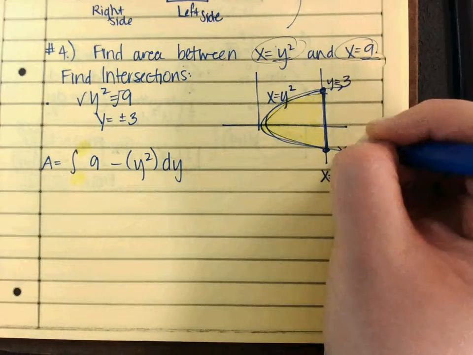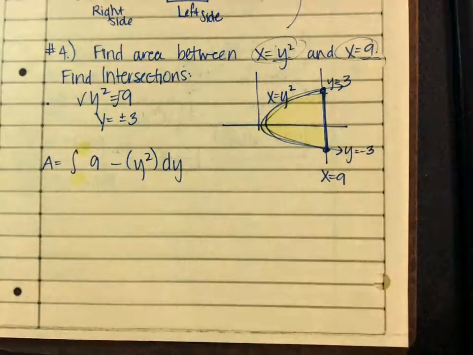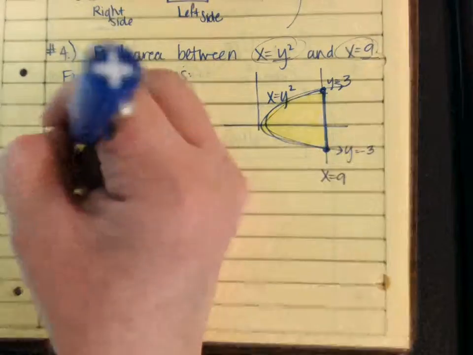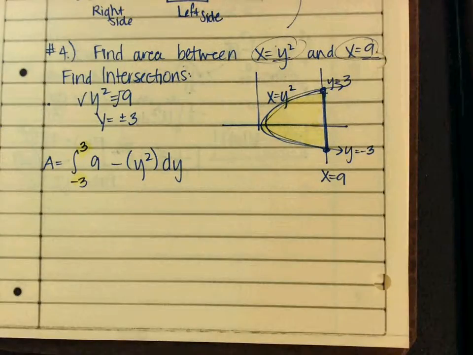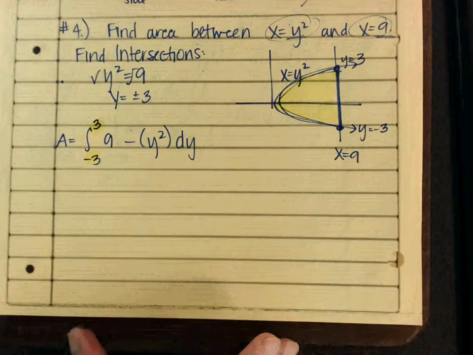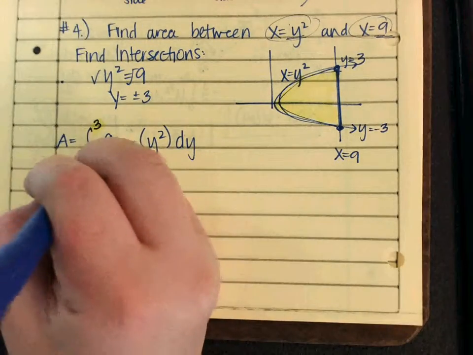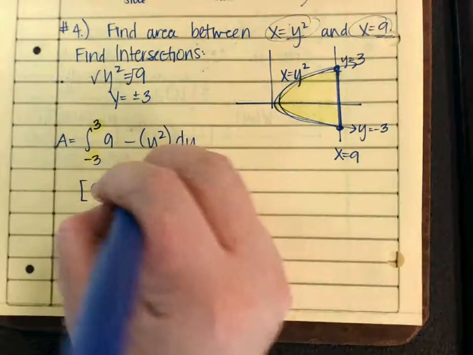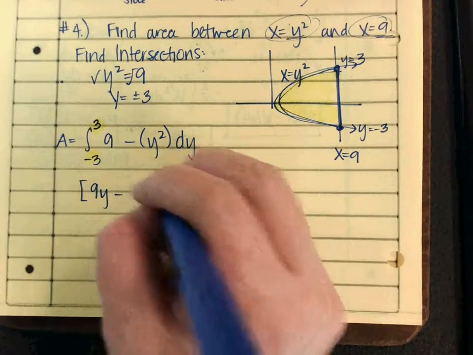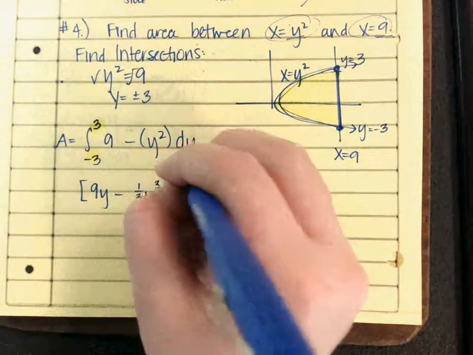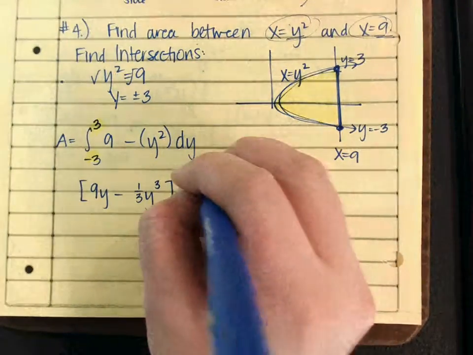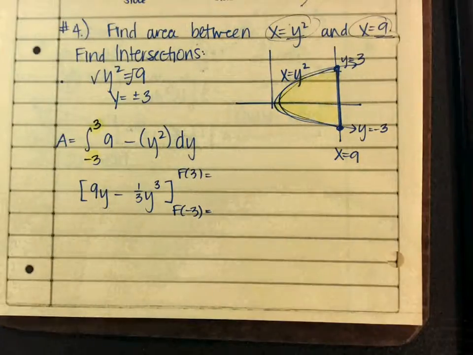This bottom intersection is y equals negative 3. So negative 3 here, positive 3 here. And then for my antiderivative, integral of 9 is going to be 9y. Integral of y squared is going to be a third y cubed. And then I'd plug in 3, plug in negative 3, and then subtract.